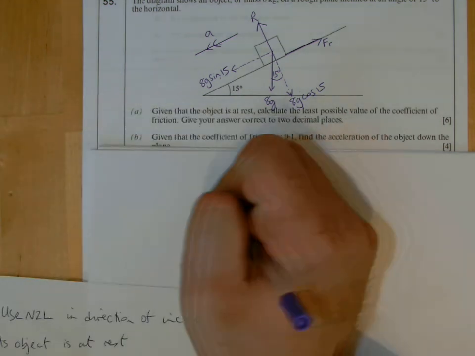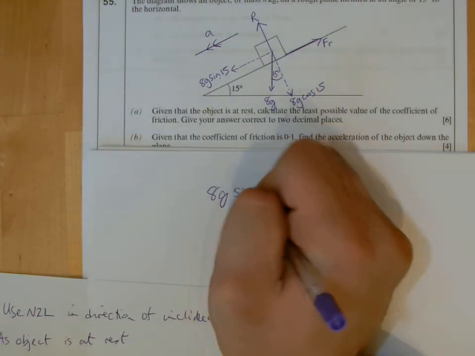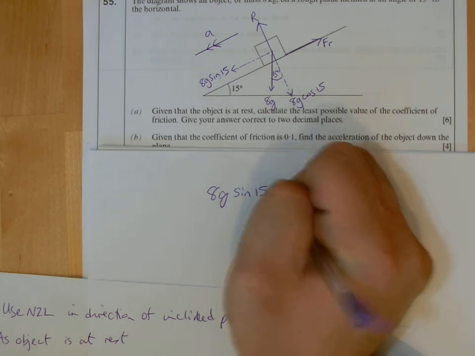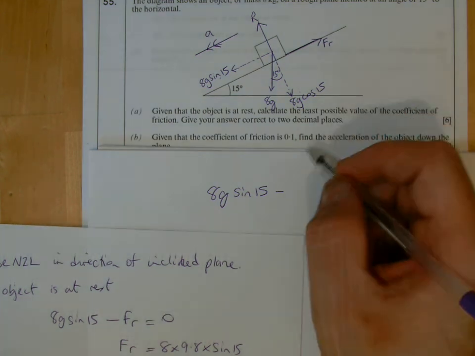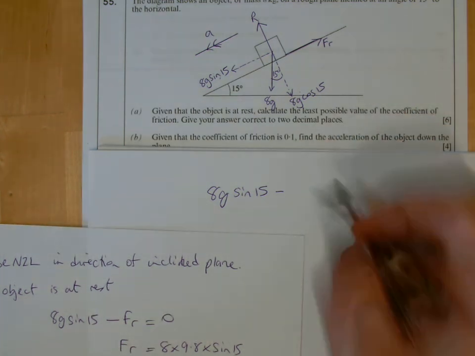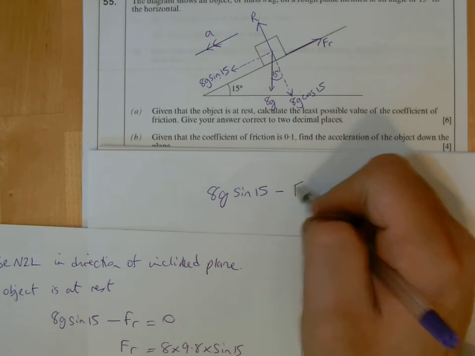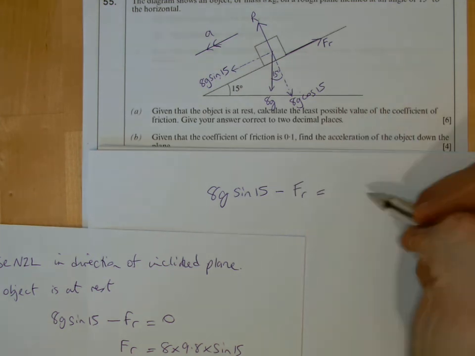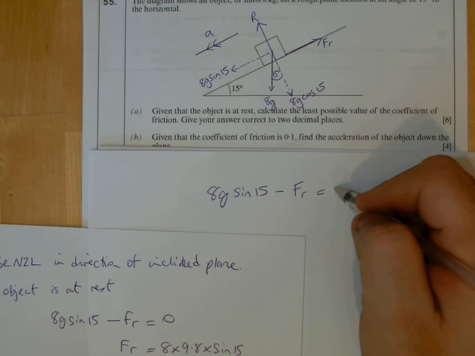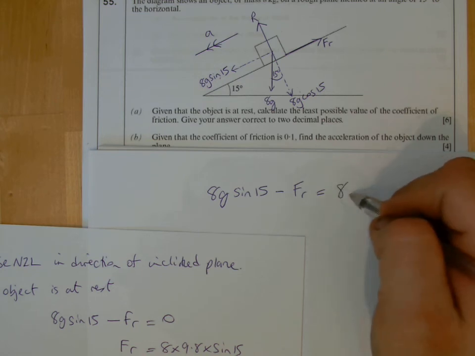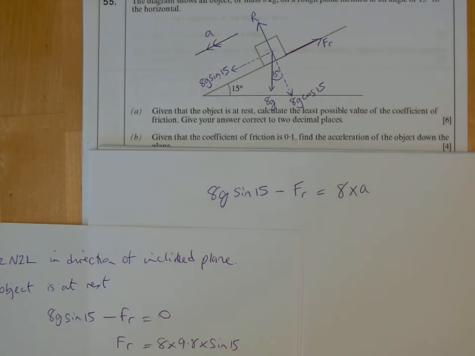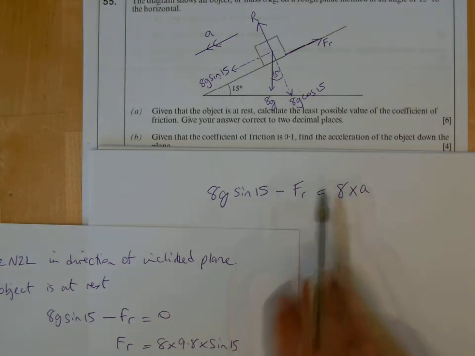So we've got 8g sine 15, take away the friction, which will equal mass times acceleration. The mass is 8 kilograms, times acceleration.